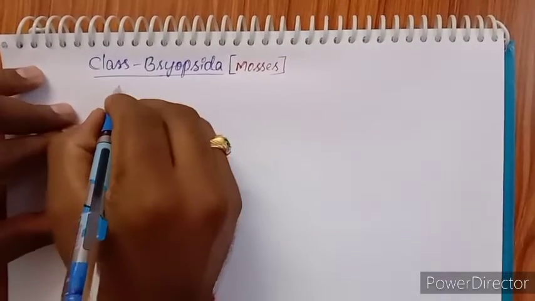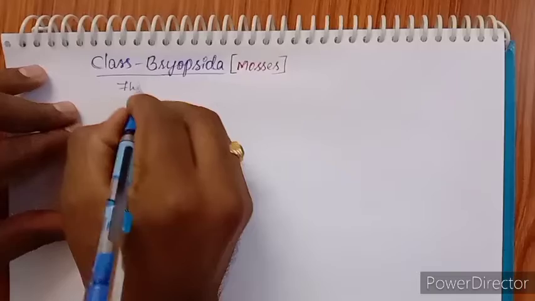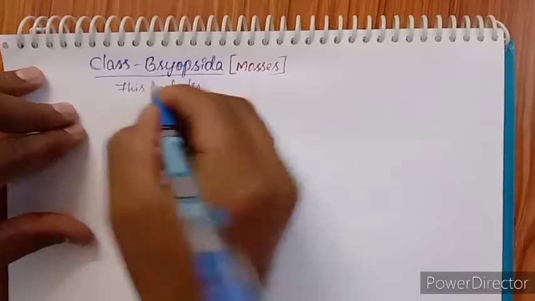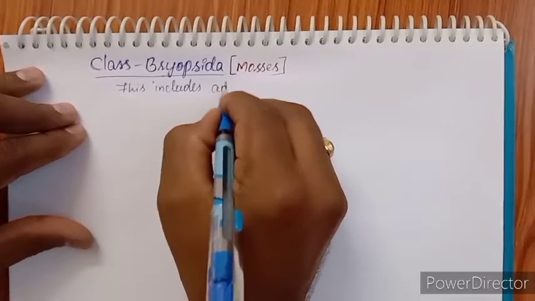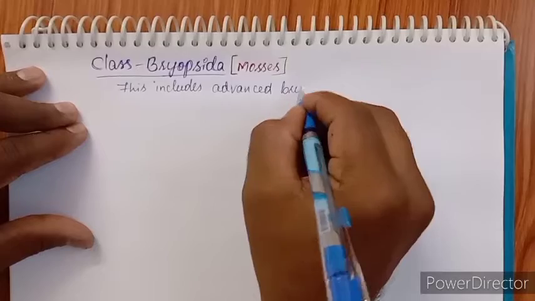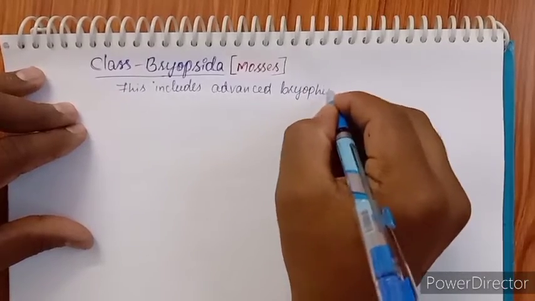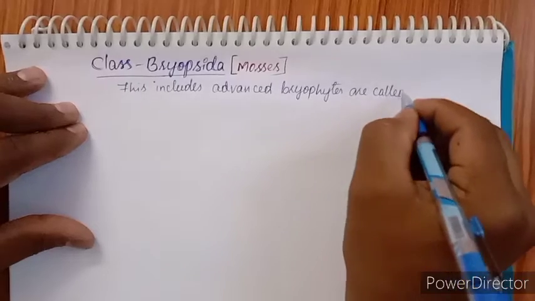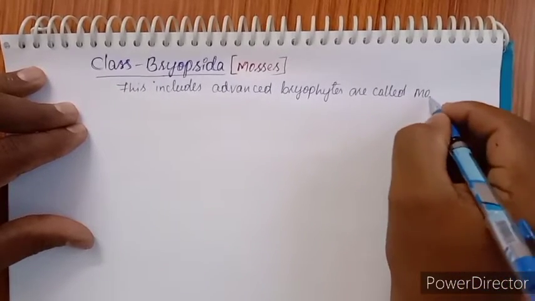This class Bryopsida includes advanced bryophytes, which are called mosses.